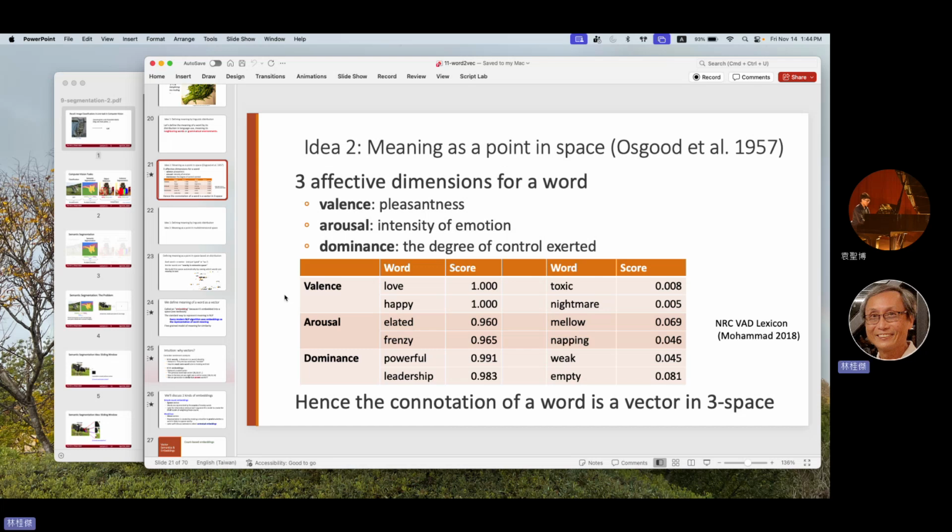How would you design such a number system? Each of you has a student ID, right? What kind of information can you derive from your student ID?